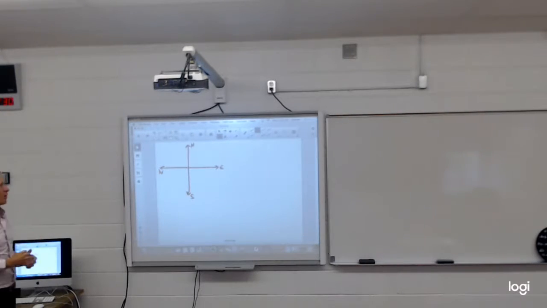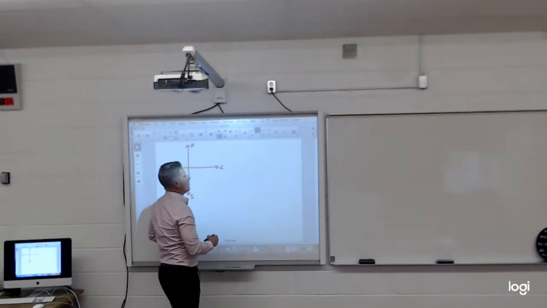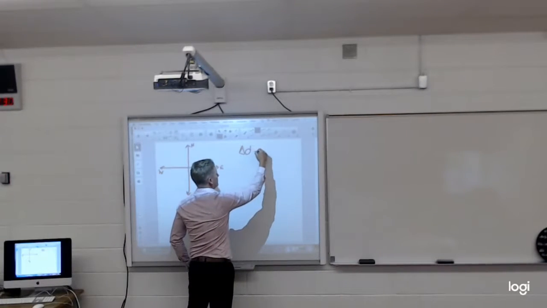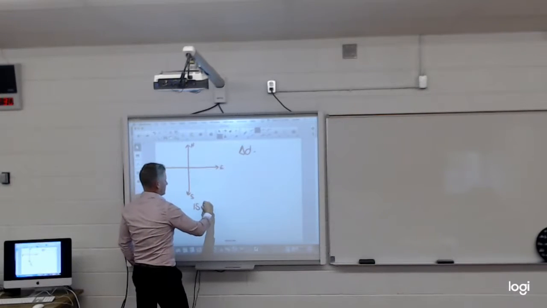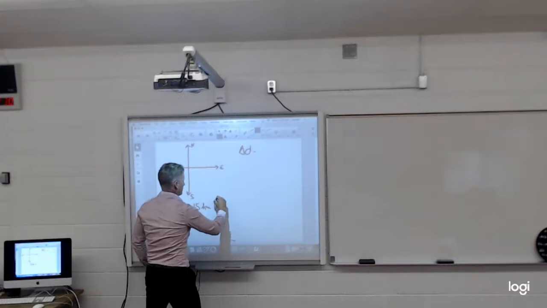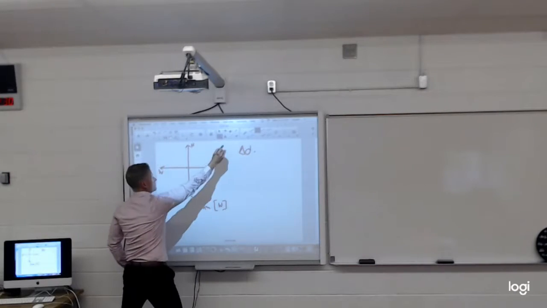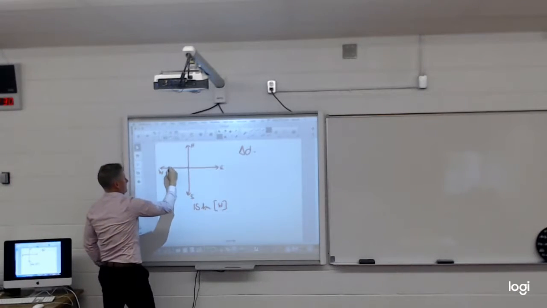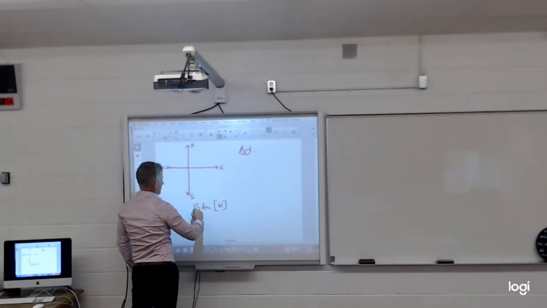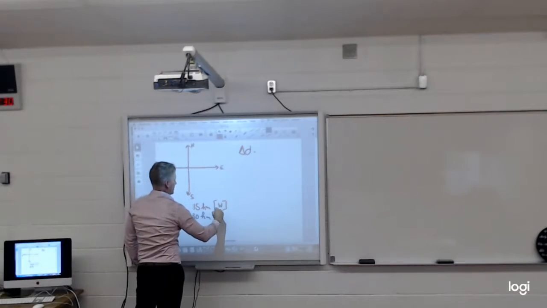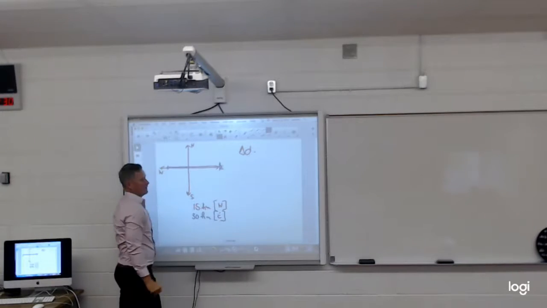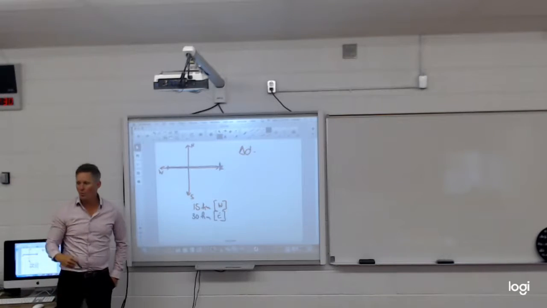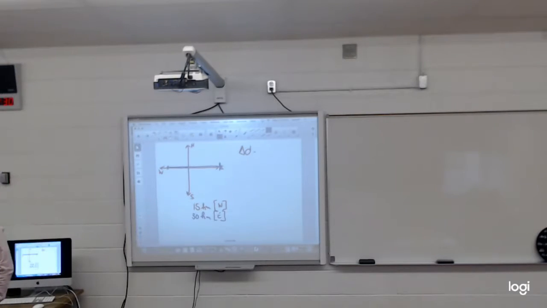Now that becomes important if I were saying, okay, what is my displacement if somebody traveled 15 kilometers west to begin with, so it goes somewhere over to here, and then travels 30 kilometers to the east after the fact? So then I end up somewhere out here. And I say, okay, what's my displacement? 15 kilometers.